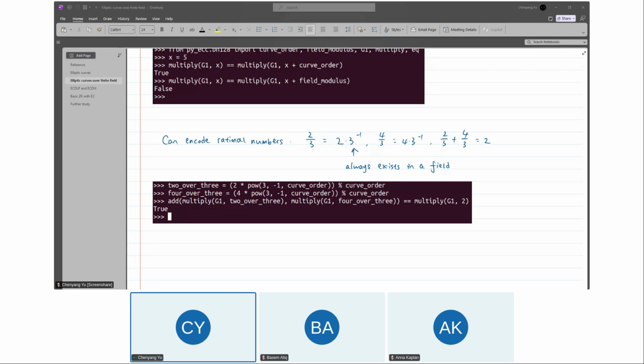So let's continue. Oh, wait, I see another question asking: is it because the computer has an issue with floating point, or some more fundamental thing?